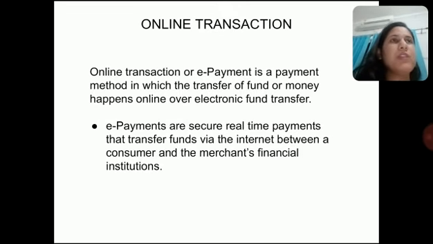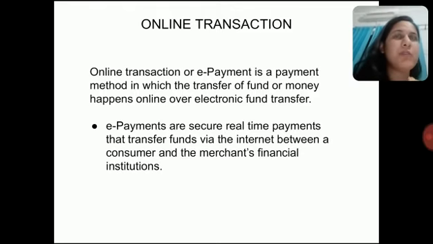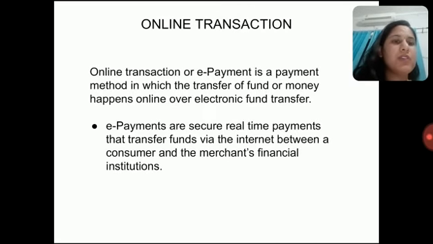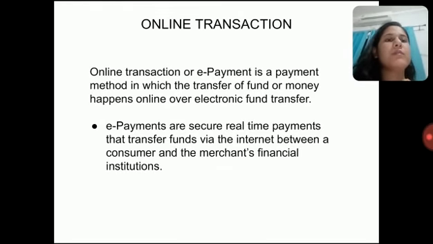You are doing shopping from Flipkart, so the merchant financial institution will be Flipkart. And there are many other financial institutions, right? And you are paying to them, you are transferring the funds in their name, by means of electronic payment in the online transaction.